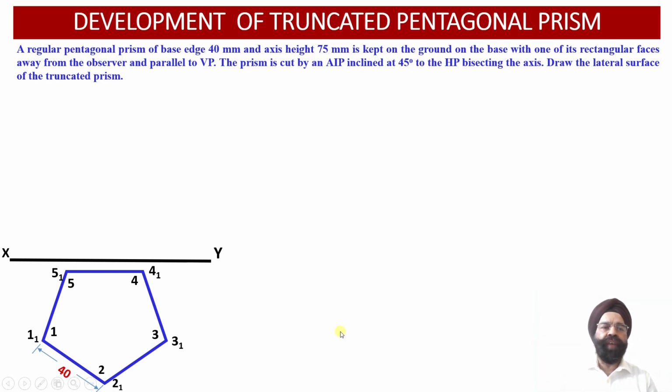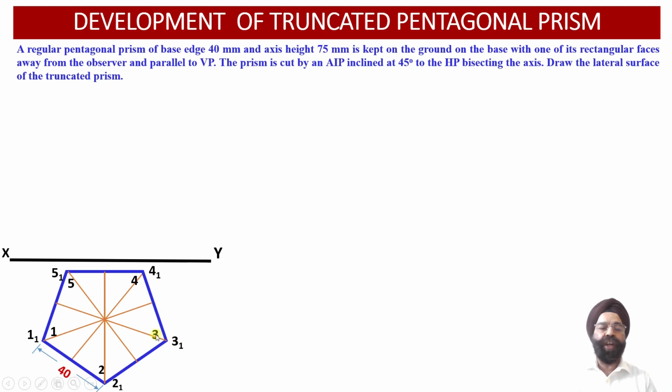In order to evaluate the axis of the pentagonal prism, we need to draw perpendicular bisectors from each one of the 5 corners of the base onto the opposite edge. From point 1, we have drawn the perpendicular bisector of the edge 3, 4. From point 2, we have drawn the perpendicular bisector of the edge 4, 5.